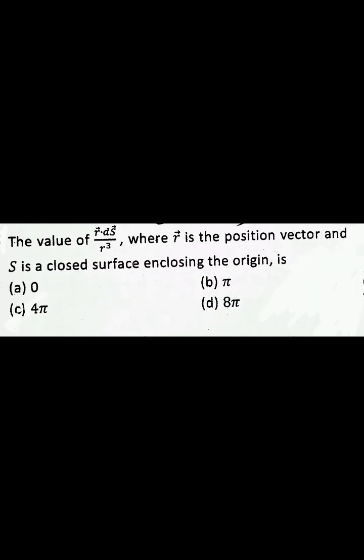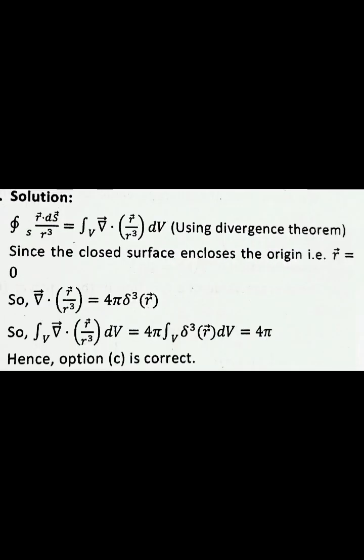The next question is, the value of the surface integral of r dot ds divided by r cube, where r is the position vector and s is a closed surface enclosing the origin, is dash. By divergence theorem, the surface integral of r dot ds divided by r cube is equal to the volume integral of del dot r divided by r cube into dv.